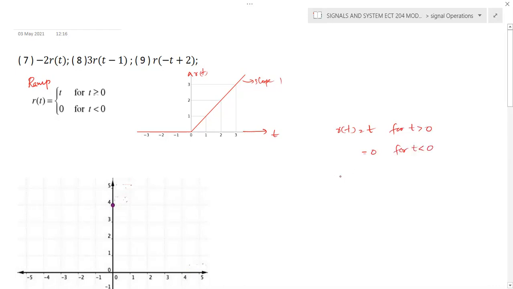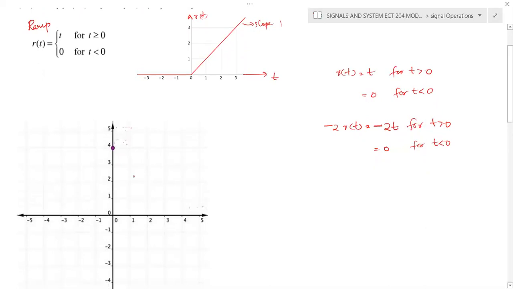Now x of t is given as minus 2 into r of t, so you need to simply multiply it by minus 2. So your amplitude becomes minus 2t for t greater than 0, and 0 for t less than 0.